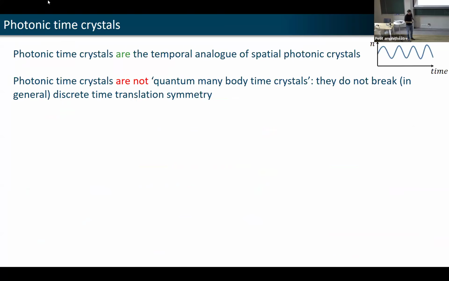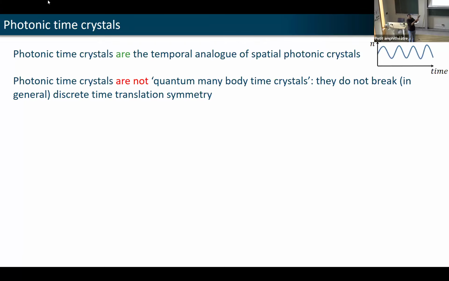Okay, so an important point here, so that you don't get confused. It's a disclaimer, because you have maybe heard the wording time crystal in the scientific literature. Now there are two types of time crystal. There is the original one, which I will call the quantum many body time crystal.